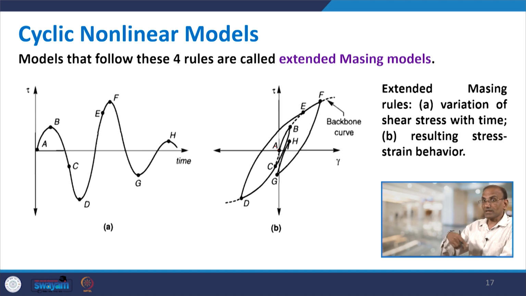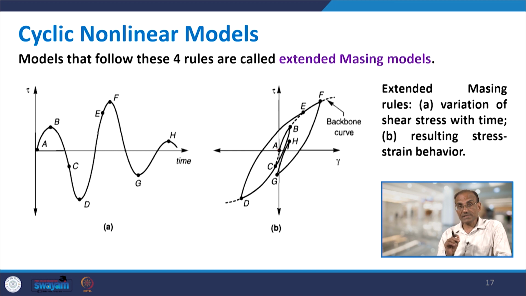Now, the backbone curve is already defined, because for the given condition you know tau max and G max. The backbone curve is given by this dotted line, which merges with the solid line here. So, D, C, A, B, E, F is the initial backbone curve, the starting backbone curve.